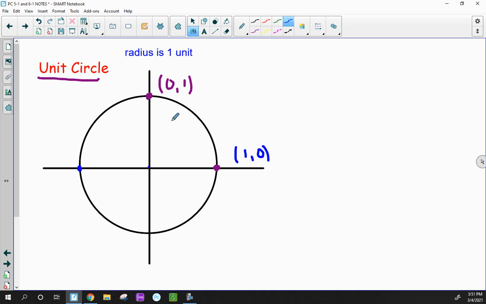Remember, all radii of the circle in this unit circle is 1. So that means that this ordered pair has to be negative 1, 0. And then the bottom of the unit circle down here, the location is 0, negative 1.